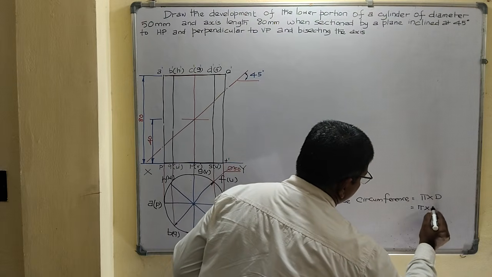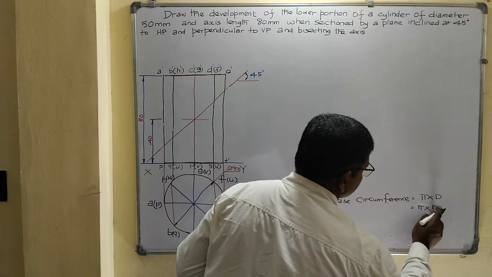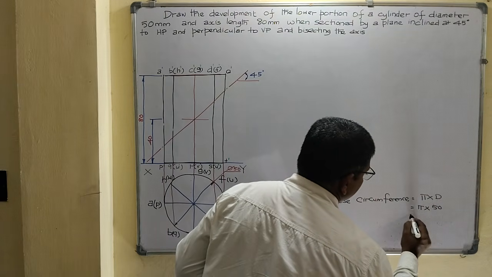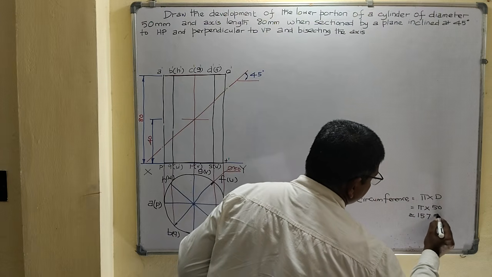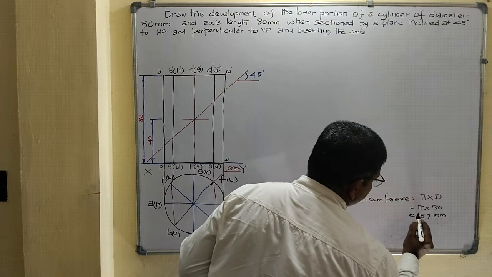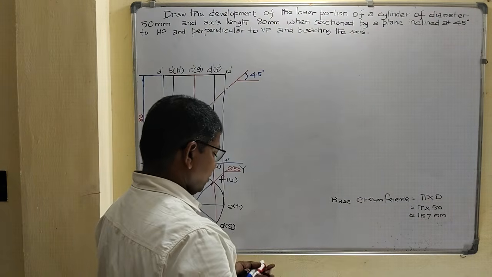Pi into 50, the value approximately equal to 157 mm. So the base circumference equals 157 mm.